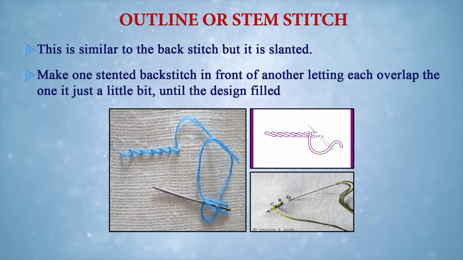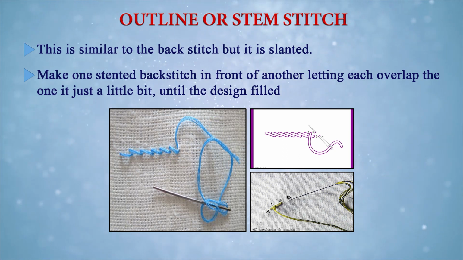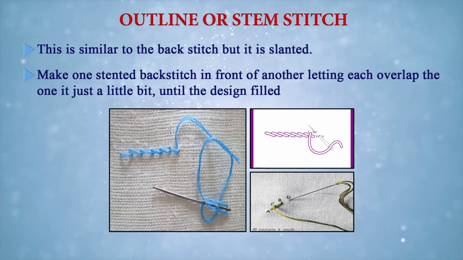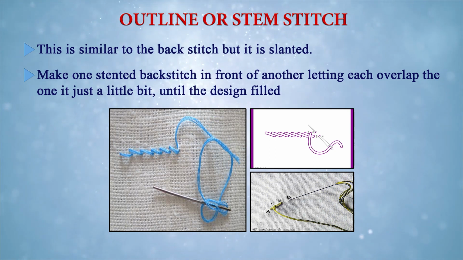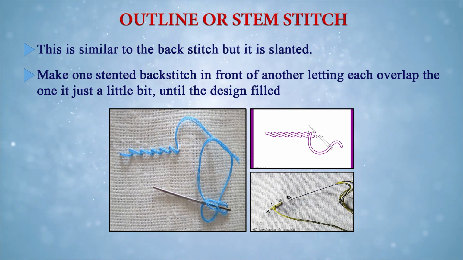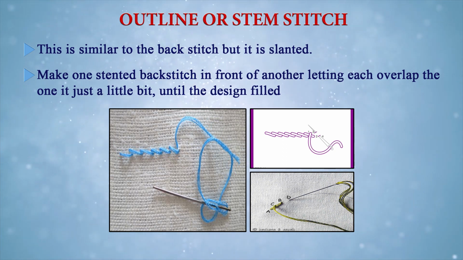As you can see in the picture, it is just like the back stitch we did, but the back stitch was in a straight line, whereas the stem stitch is a little slanted, not in a straight position on the fabric.